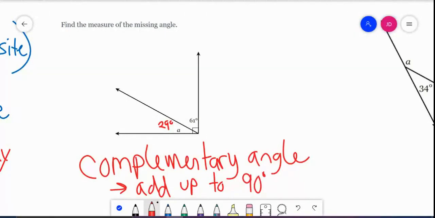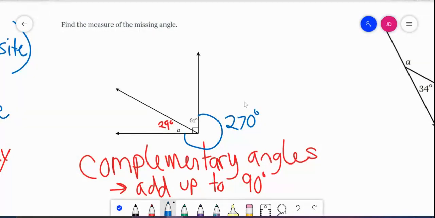So complementary angles add up to 90 degrees. If you wanted to complete the diagram, you would do 360 minus 90 to find this all the way around, which would be 270 degrees.